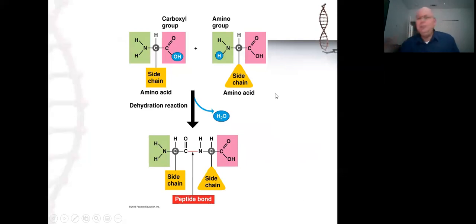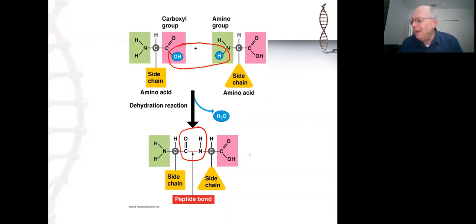So this is the basic way in which we carry out the reaction. So again, it's a dehydration reaction. So there's our hydroxyl and our hydrogen that we're going to remove. The hydroxyl comes from the carboxyl group. The hydrogen is one of the 2 hydrogens on the amine group. And this covalent bond linking the remnants together of the carboxyl group and the amine group is what is referred to as a peptide bond.